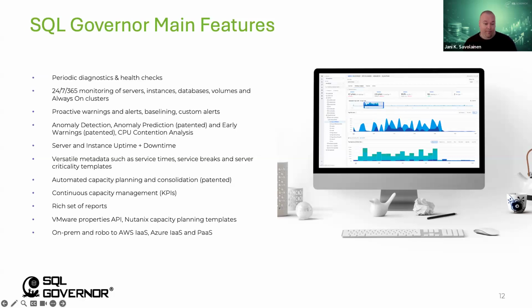And then a few words about another cool thing: we have server and instance uptime and downtime. Every CIO knows that that's the beef, because you are able to see how much downtime we had per year, per month, per day on a certain service or on a certain server, instance or database. We have brought in the service times and service breaks, so you can include or exclude those from these values.